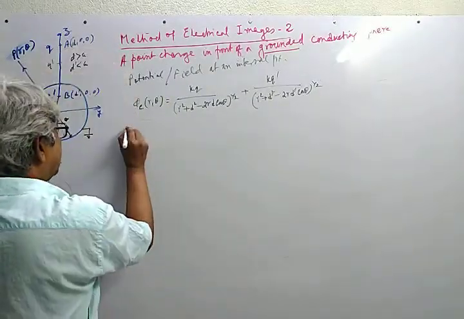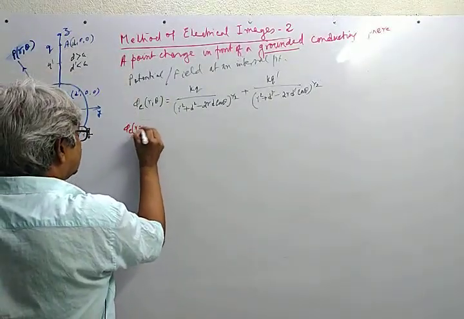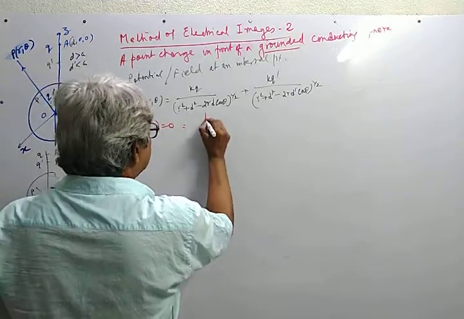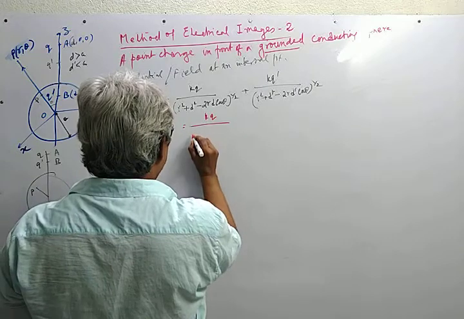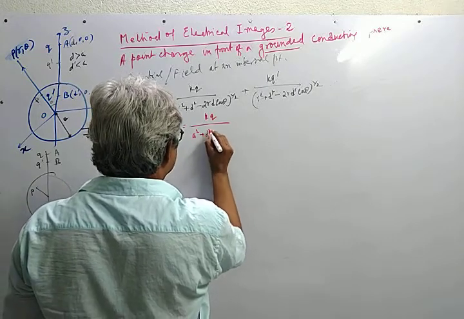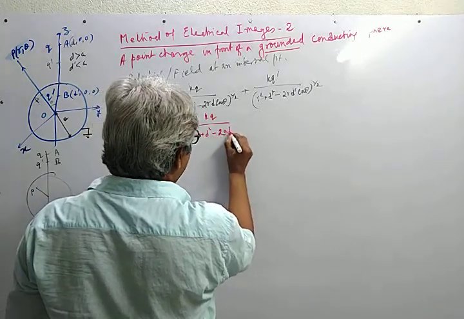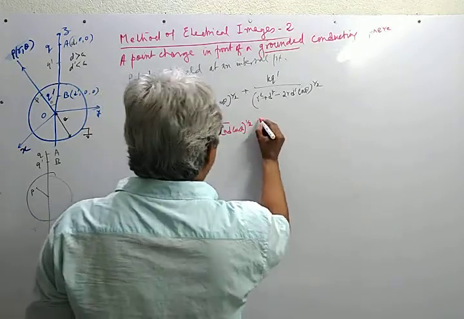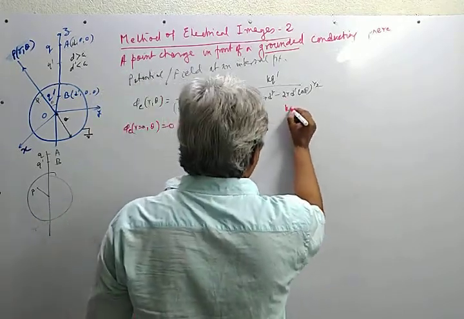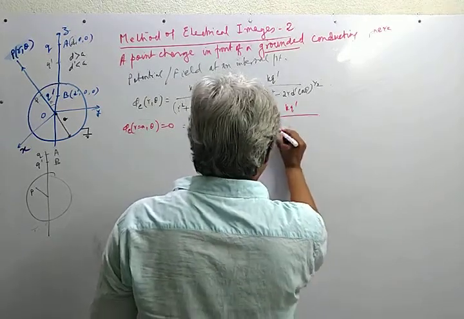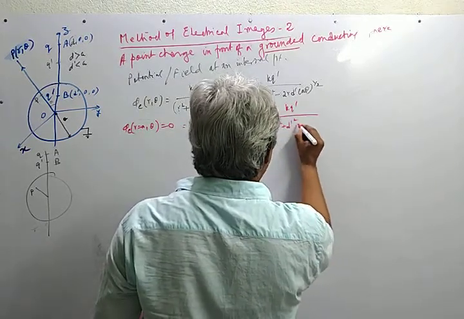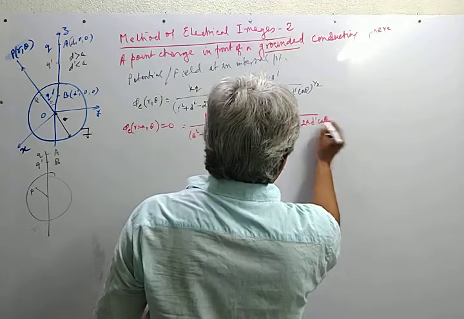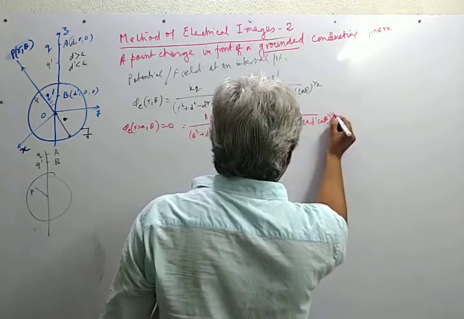So phi at r equal to a: kq over a square plus d square minus twice a d cos theta to the power half, plus kq prime over a square plus d prime square minus twice a d prime cos theta to the power half.